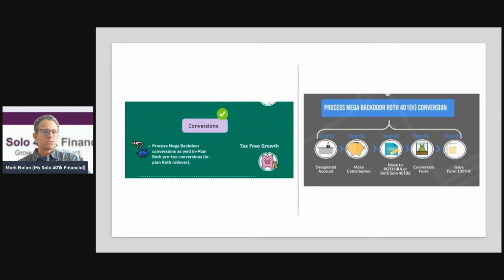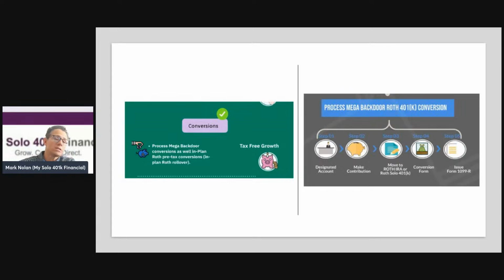So first you have to open up a bank or brokerage account under the self-directed 401k to hold those designated voluntary after-tax contributions. You then make the voluntary after-tax contribution into that separate self-directed 401k voluntary after-tax bucket, aka bank or brokerage account. Then under step 3 is where you convert those self-directed voluntary after-tax 401k funds to a Roth IRA or to the self-directed Roth 401k.